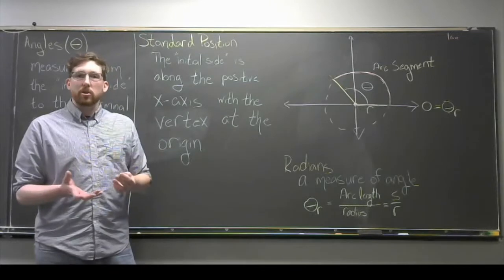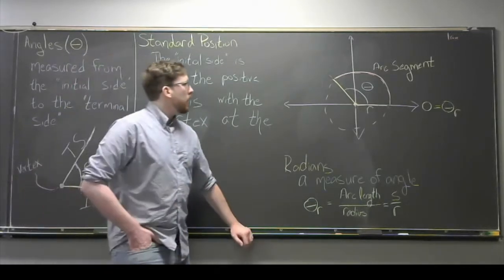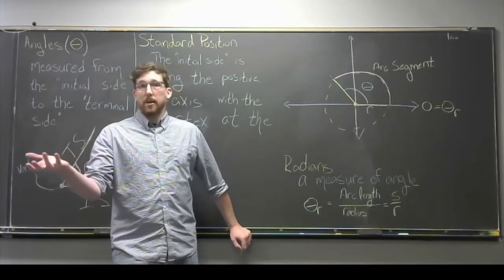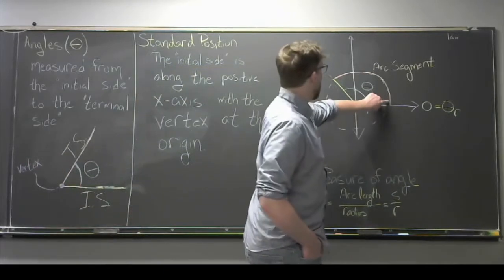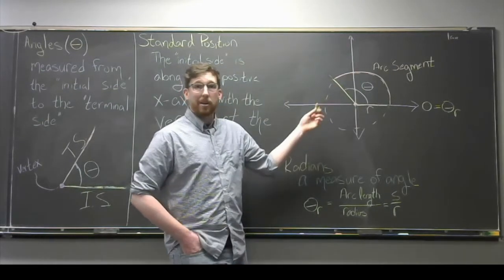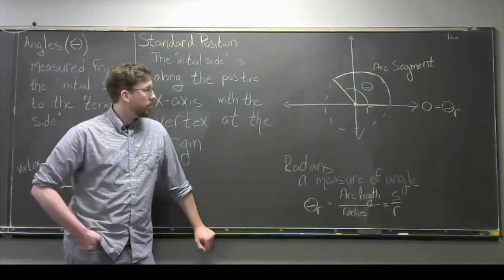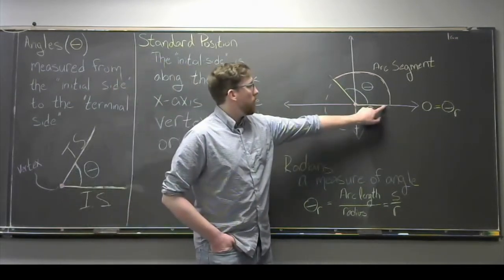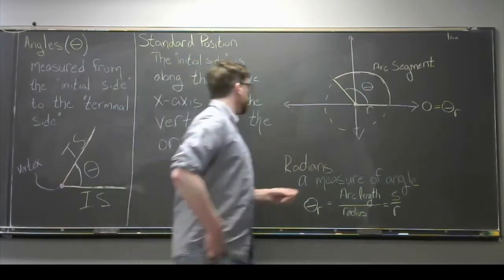We know a circle has a circumference of 2 pi times the radius. Well, half a circle then is going to have a length of just pi times the radius. So that means the segment from here halfway around is just going to be pi r. So that means the angle from initial all the way around is just going to be pi. Dope.